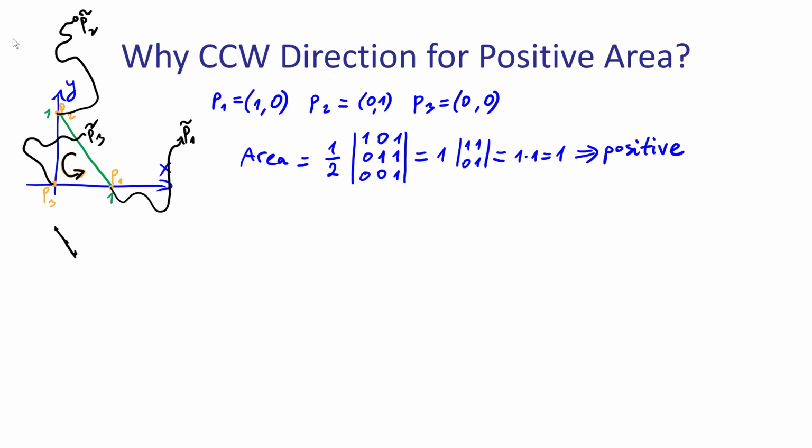Now I want to show you why using both positive and negative signs might be useful in computations of areas. Let's get back to our triangle P1, P2, and P3. Let's say this is some general triangle. And we'll select points P1, P2, and P3 to describe the triangle.